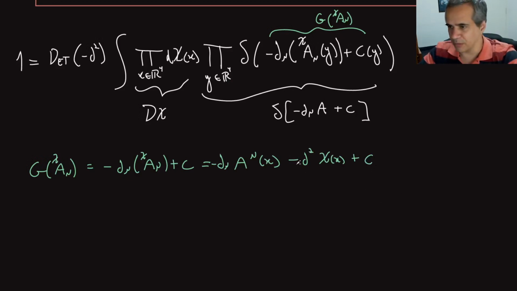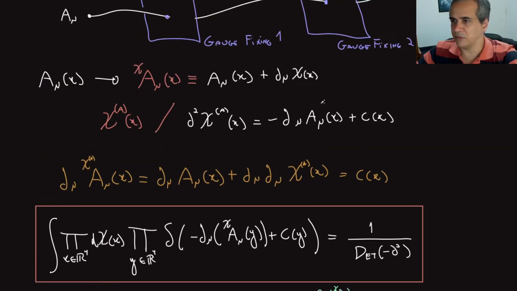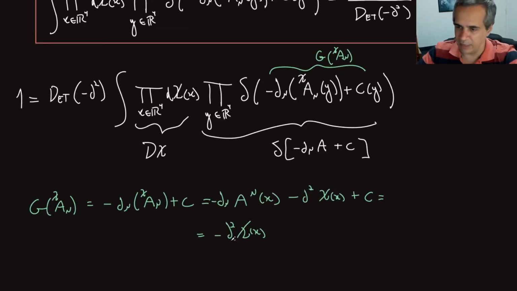But now, these I keep here. I'll just rewrite this as minus the second derivative of chi of x. But these two together, minus del mu A mu plus c, are equal to the second derivative of chi_A. Mind you, chi_A is not the one in the path integral, it's just a constant value.